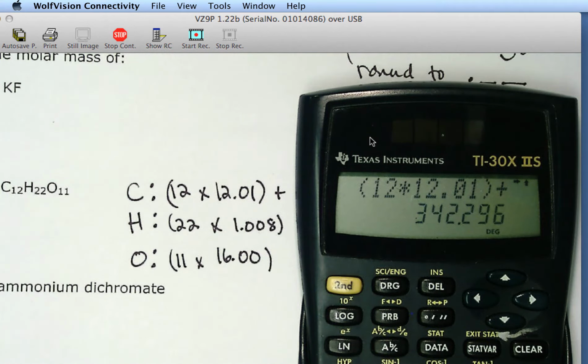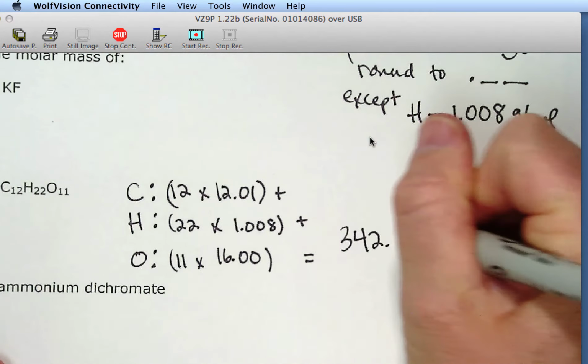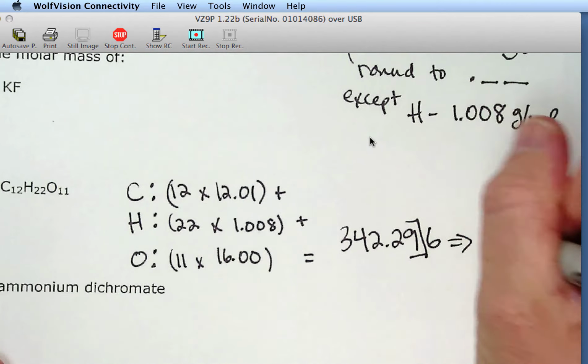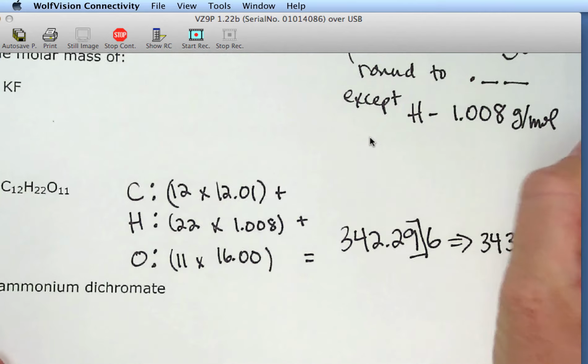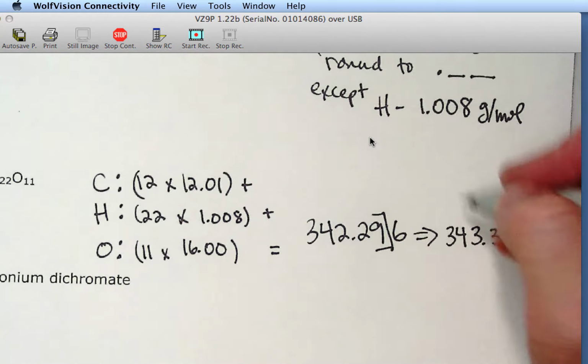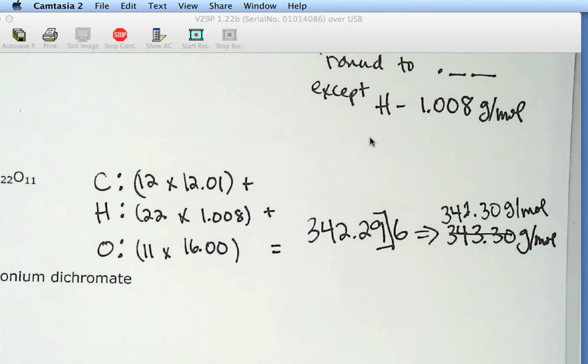So 342.296 would give you 342.30 grams per mole. Oh, crazy rounding I did. Thank you. Is that clear how I went about calculating the molar mass?